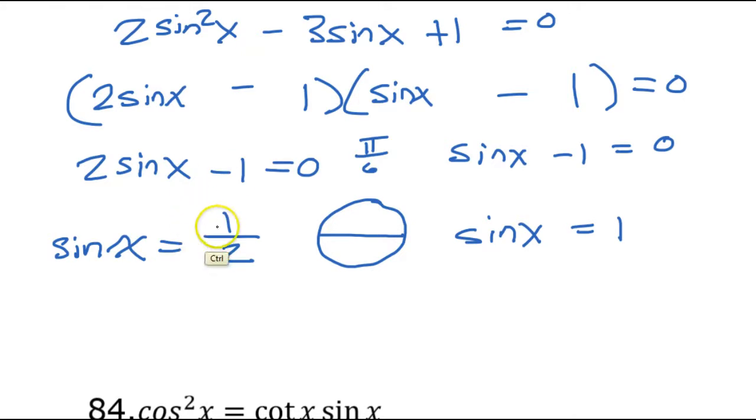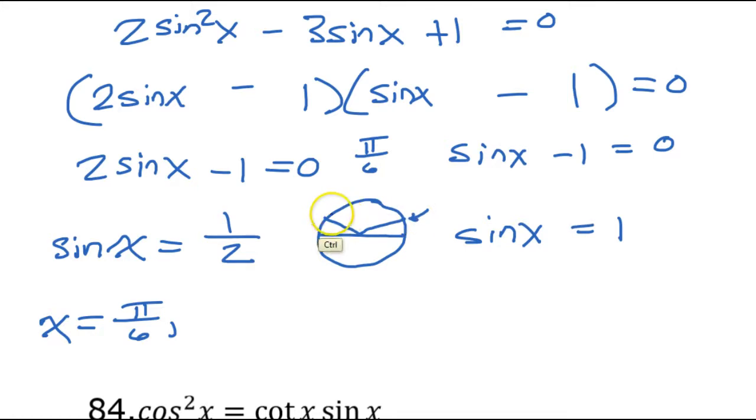I need a positive 1/2. Sine is positive in the first quadrant and in the second quadrant. Okay, so in the first quadrant, that's just plain old pi over 6. Okay, that's what this is.